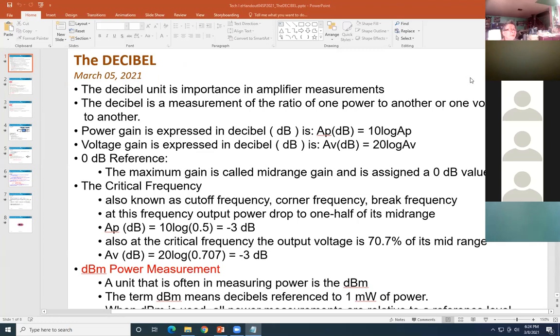Okay, the decibel unit is important in amplifier measurements. The decibel is a measurement of the ratio of one power to another or one voltage to another.